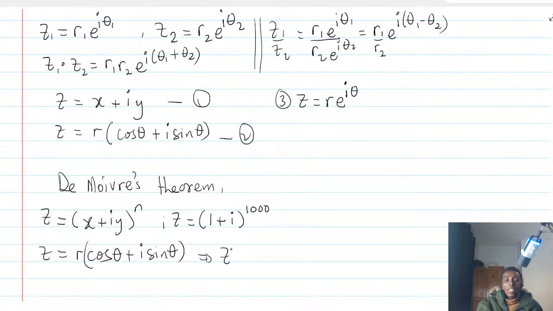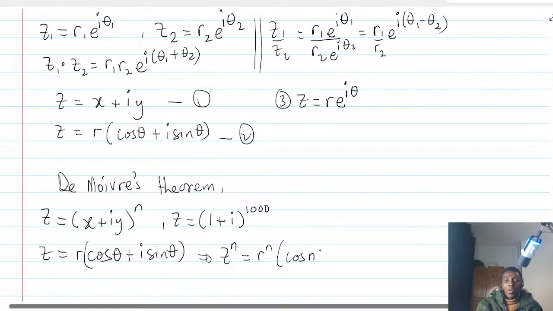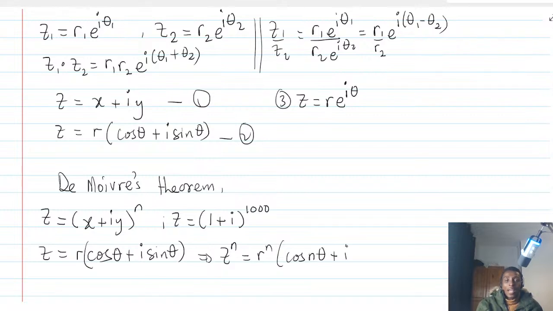So it's going to be Z^n, which is r^n cos n theta plus i sin n theta. This is De Moivre's theorem. That's all.